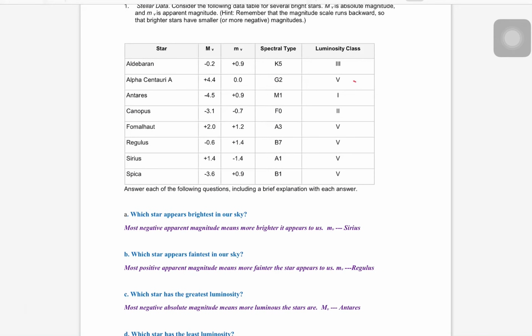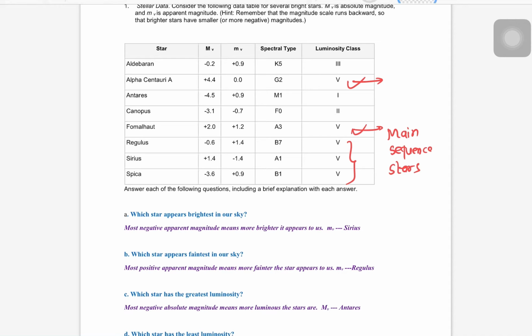This is the main sequence, so all these are main sequence stars. This means these stars are still burning their hydrogen, so they still have much fuel left.